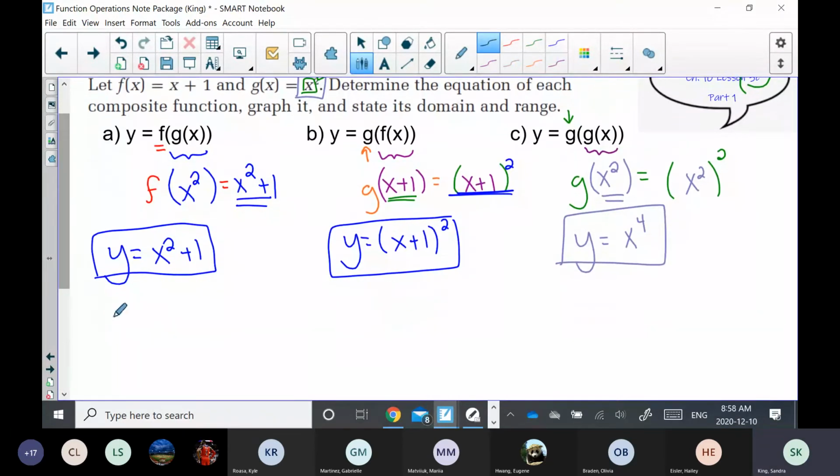How they want to end is they want you to write the domain and range for each explicit equation. So to save some time, instead of you typing this into your calculators, I'll show you what I've done. I'll just bring up a calculator so you can see.